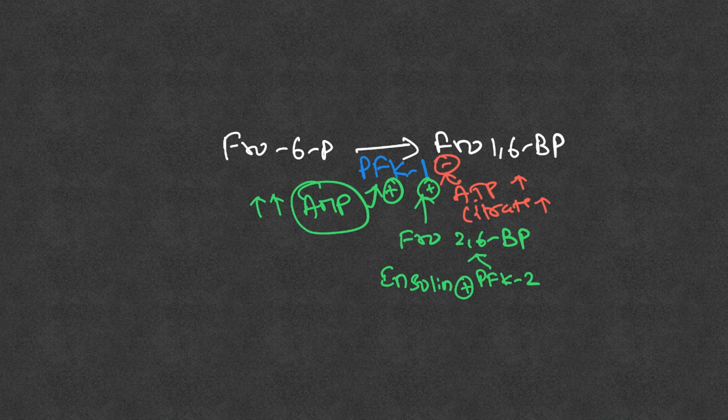Thereby it will have a positive effect on PFK1, and glycolysis will increase. So insulin indirectly increases glycolysis by keeping the PFK2 enzyme active. PFK2 makes fructose 2,6 bisphosphate, and fructose 2,6 bisphosphate has a positive effect on the PFK1 enzyme.